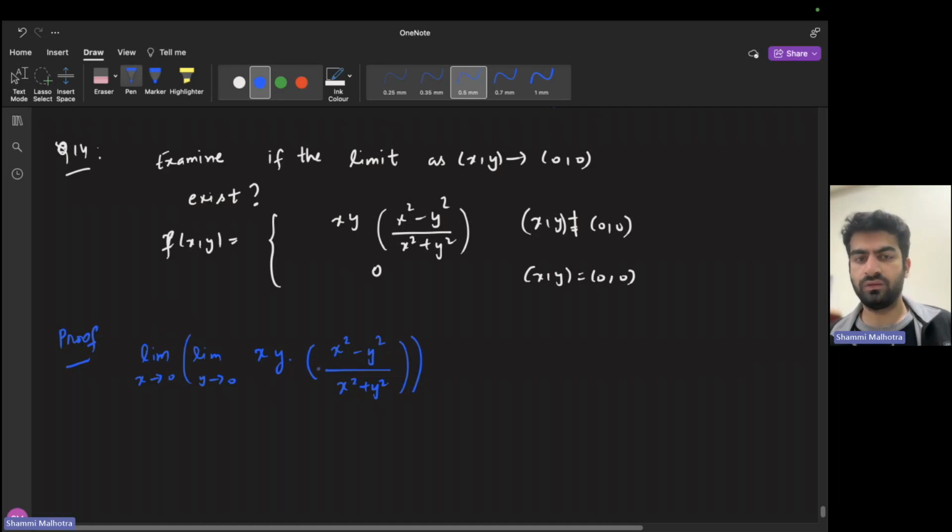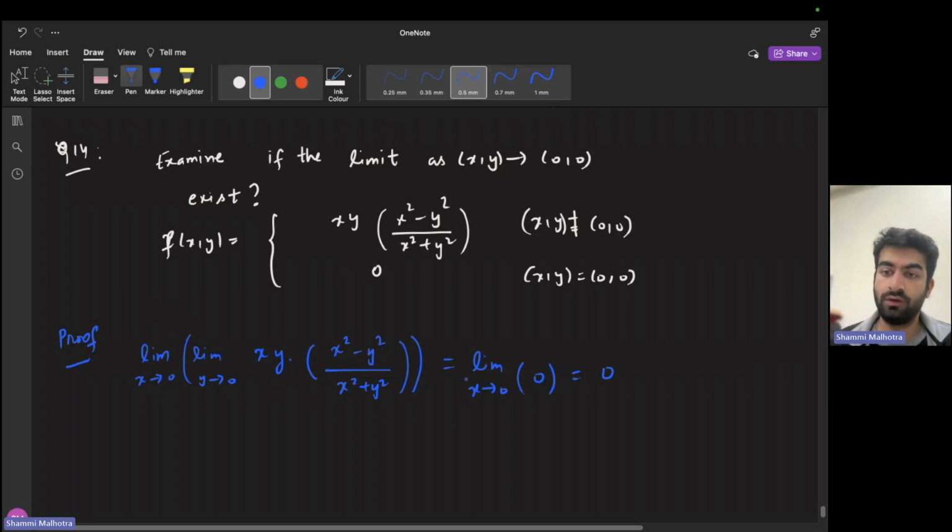As y tends towards 0, the numerator is non-zero, so this will tend towards 1 only, and x is constant. But as y tends towards 0, y will tend towards 0, so this whole limit will tend towards 0. So this will be equal to the limit as x tends towards 0 of 0, and this is just 0. So if the limit exists, it has to be equal to 0 only.